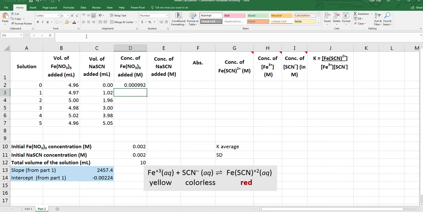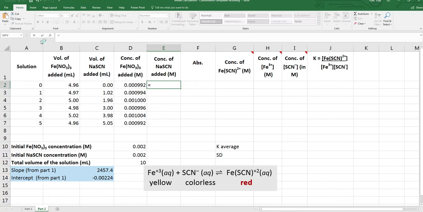All right, hit enter. That gives you the concentration, and you go to the corner, double click. This is the concentration for all the solutions. Same thing for sodium thiocyanate, equal.